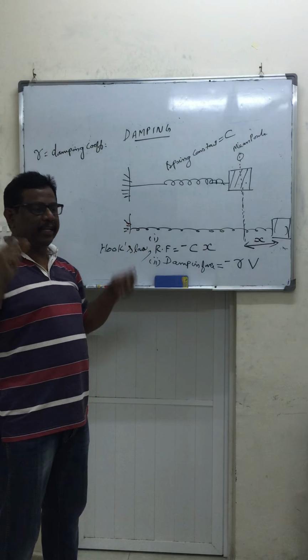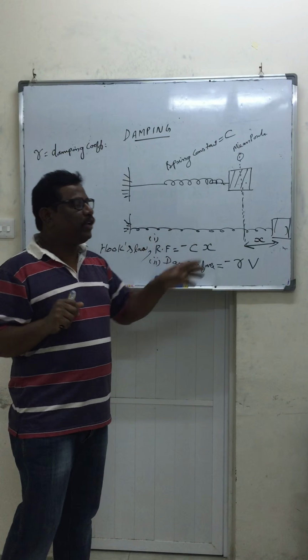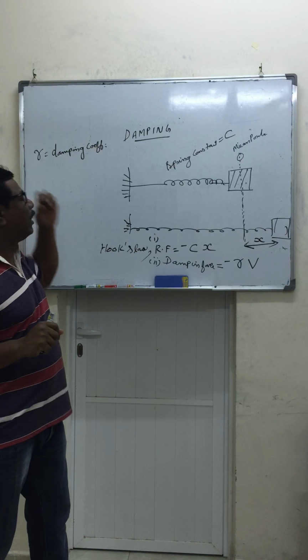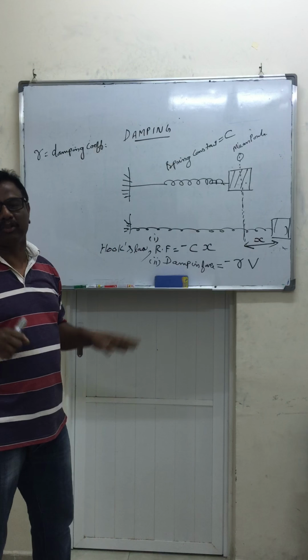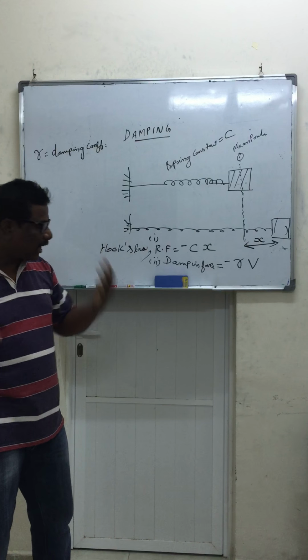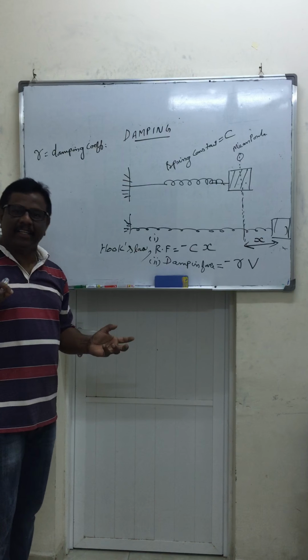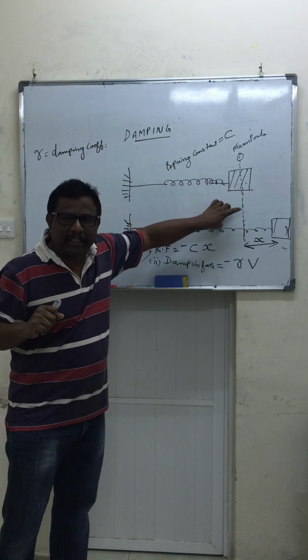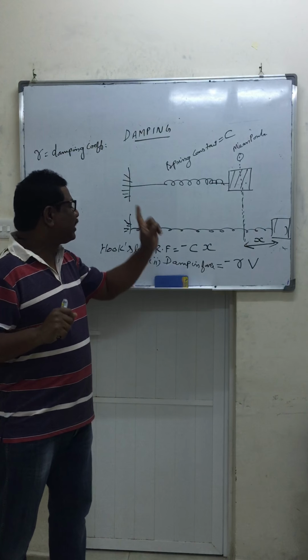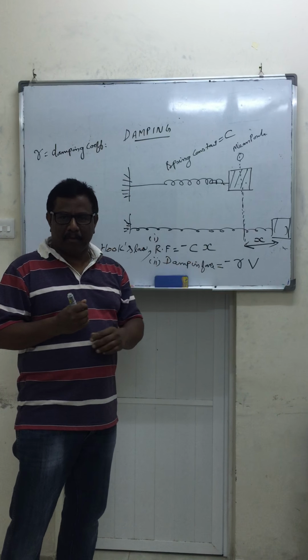Now we start the derivation. Based on this, we are going to derive the differential equation of a harmonic oscillator. We are starting the derivation by recollecting that in this situation there are two forces acting on the spring: restoring force and damping force.